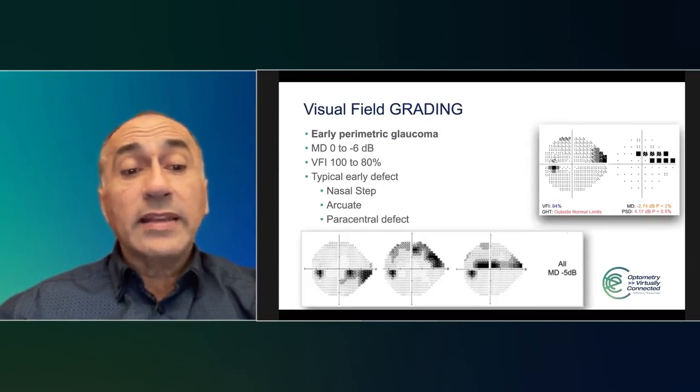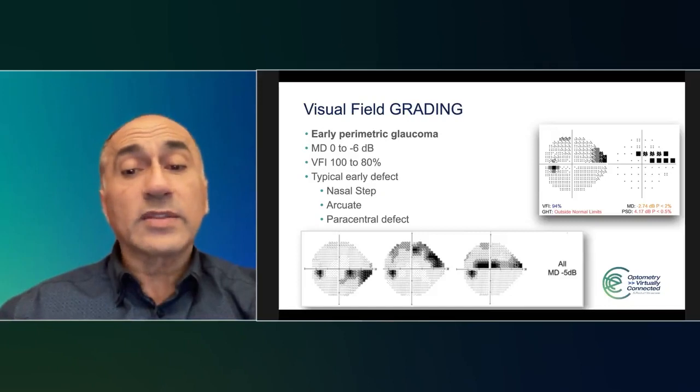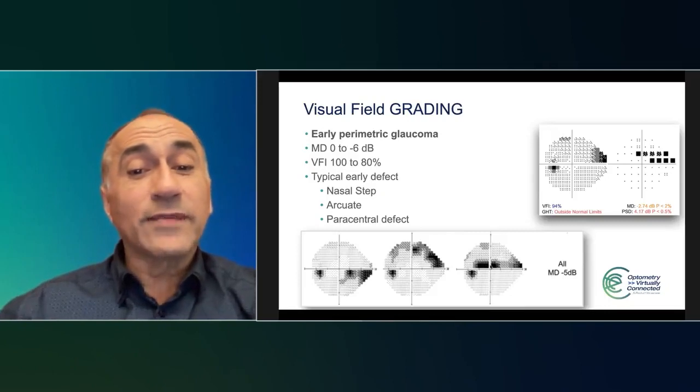This is a left inferior nasal step with a mean deviation of -5. This is a left superior arcuate, also with an MD of -5. And this is a left superior central defect and a small nasal step, all with an MD of -5. So they're all considered early perimetric glaucoma, except this one that's affecting central vision.